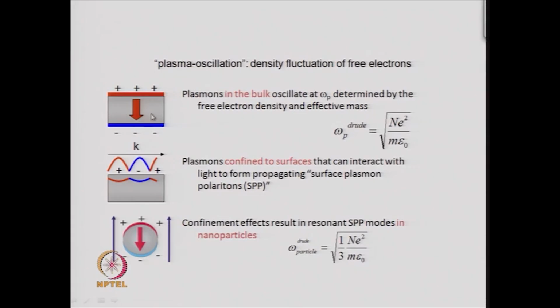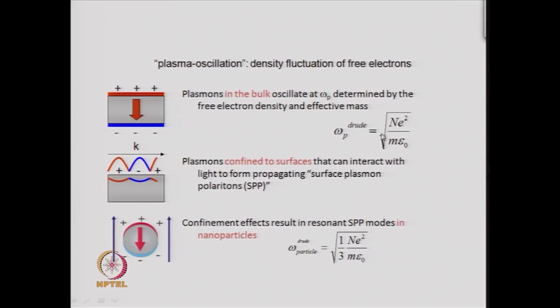They are not present in the bulk, they are only confined to surfaces, and then this kind of surface polaritons can form, and that results if you have confinement, that means, if you decrease the size of the particle, then these surface plasmon polariton modes get affected.